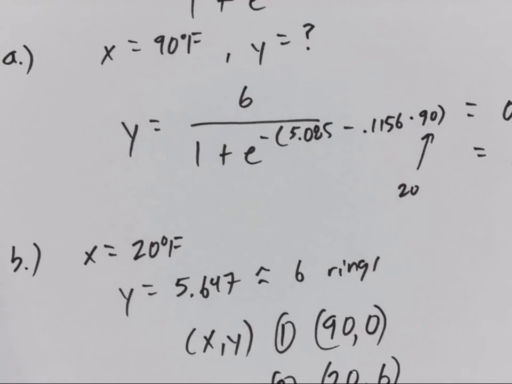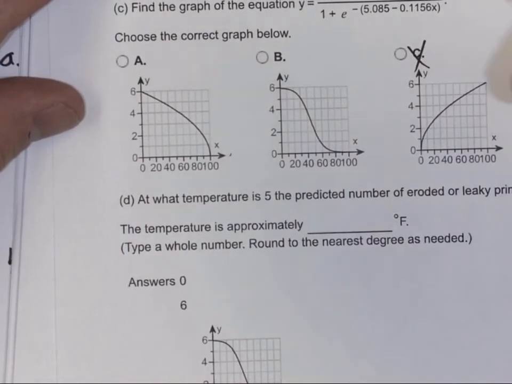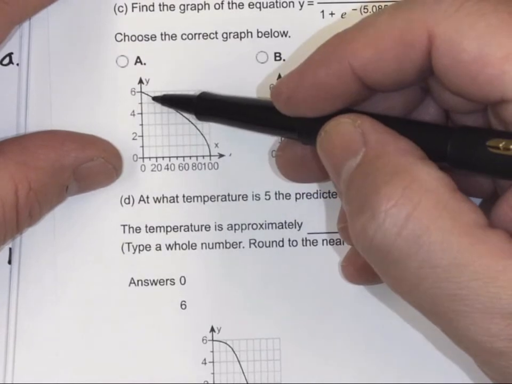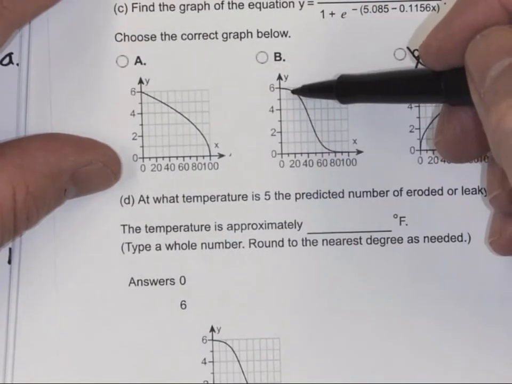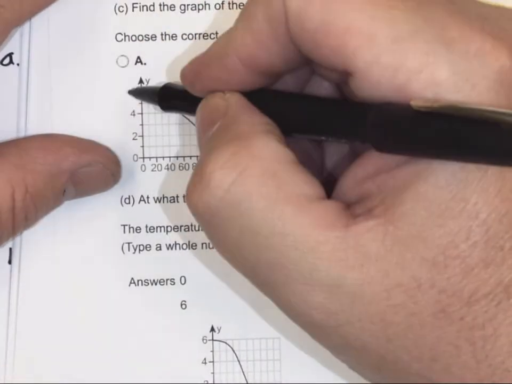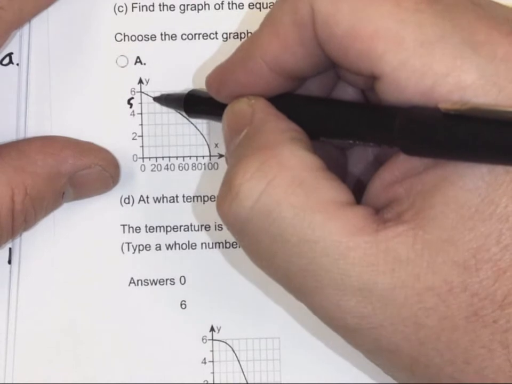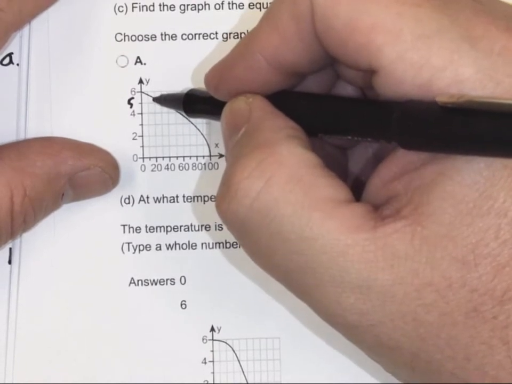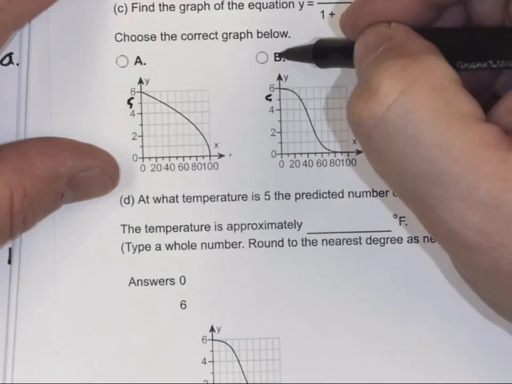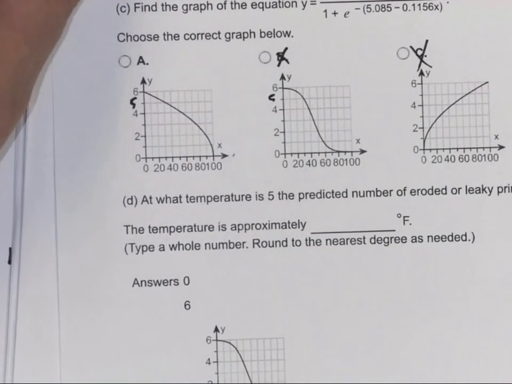So if I go to this graph, let's see which one's closer to 5.647. Here or here. Actually, this right here is 5. So this to me looks like around 5.5. Looks to me like it's probably B, which I think is the correct answer. A little bit hard to tell.